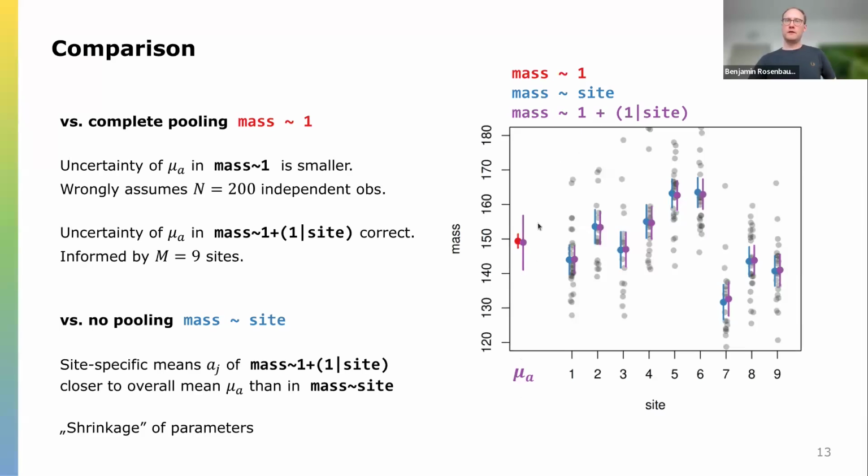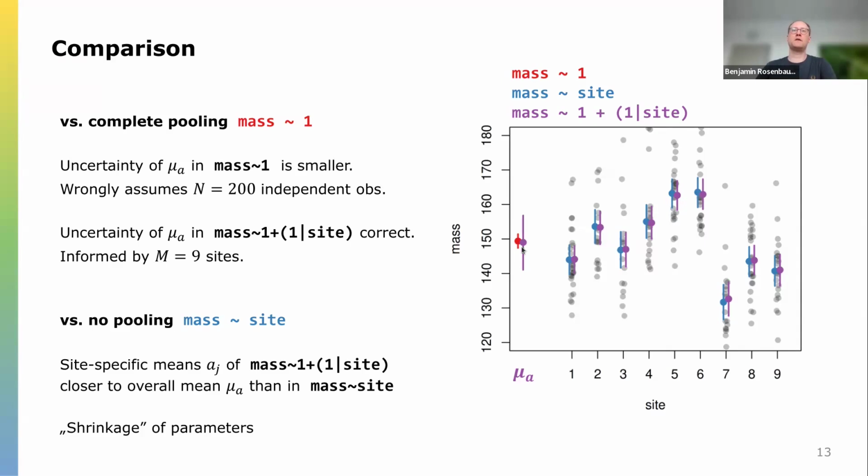So first of all, let's look at the overall intercept here. Well, the red one, we've already seen it. Here we were overly confident about the uncertainty of this one, because we thought it's informed by 200 independent data points, but this is actually not true. So this is informed by 9 sites and by 9 site level intercepts.